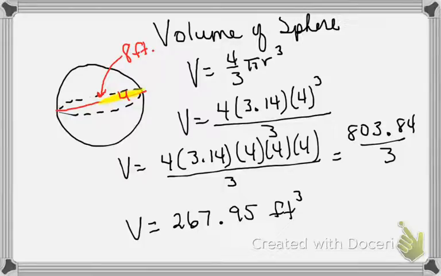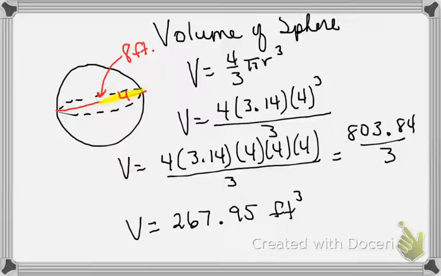Alright, so we can do this, and so I'll show it to you. Don't forget, if they mention in terms of pi, you wouldn't put pi in here. Remember pi, you would just leave the symbol and you do all the other math. So your answer, if you did in terms of pi, would be 4 times 4 times 4 times 4, and then we divide that by 3.